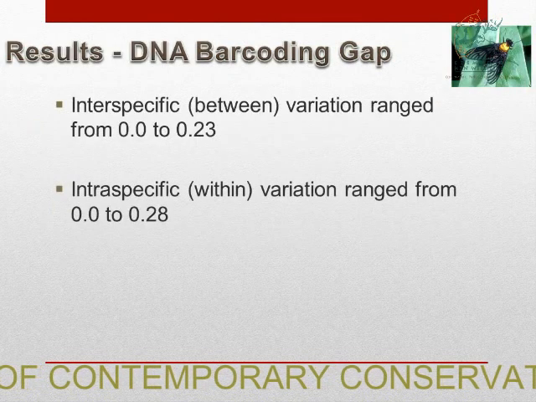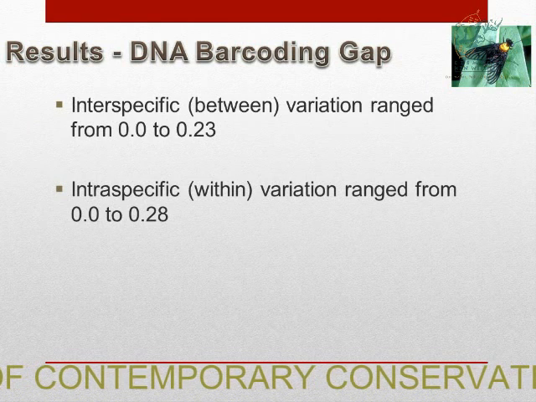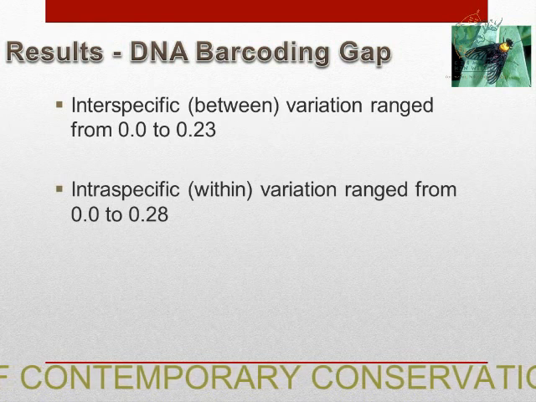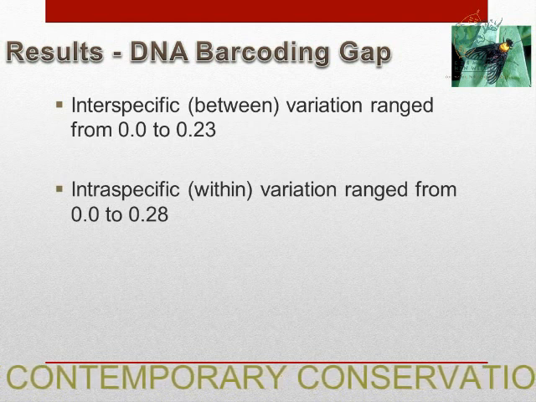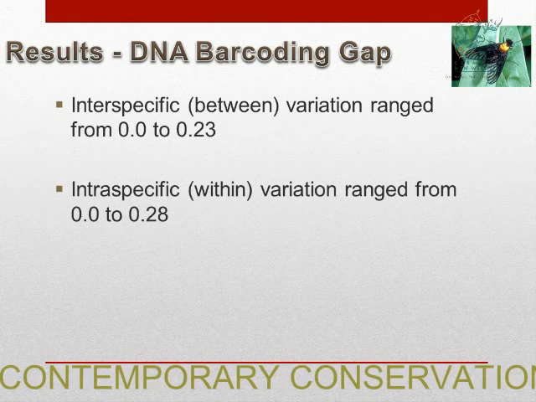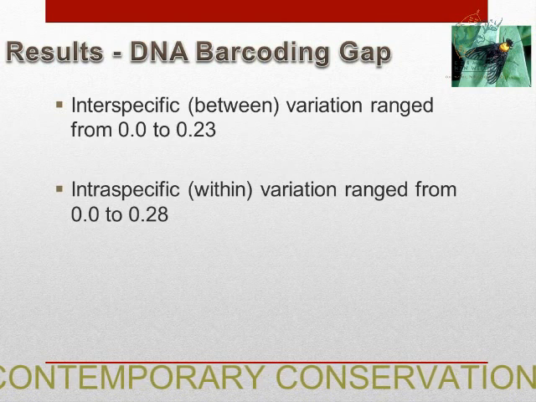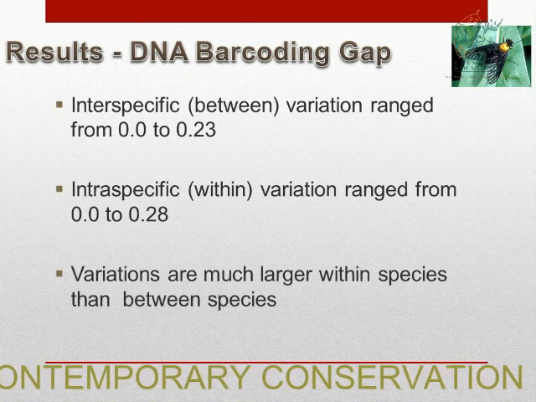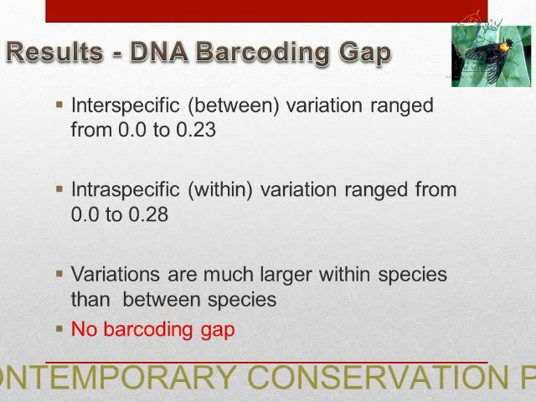And what we found, this is just the summary of the overall variations. We had the interspecific variation ranging from 0.0 to 0.23, and the intraspecific variation ranging from 0.0 to 0.28. You can see from here that the variations are much larger within species than between species, which means that there's actually no barcoding gap.